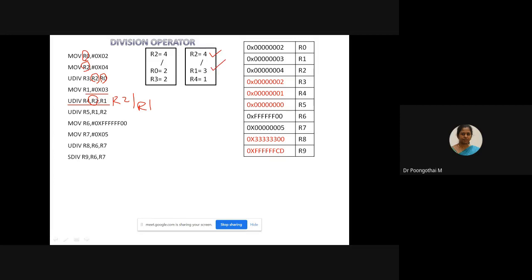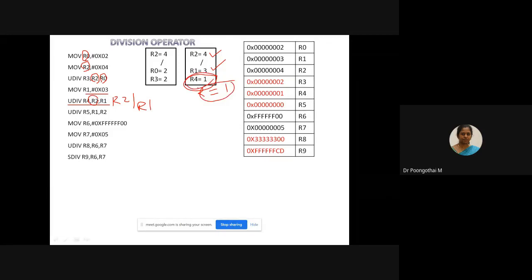Okay. So we get a quotient of 1 with a remainder of 1. With integer division, this will simply discard the remainder value. We can store only the quotient.